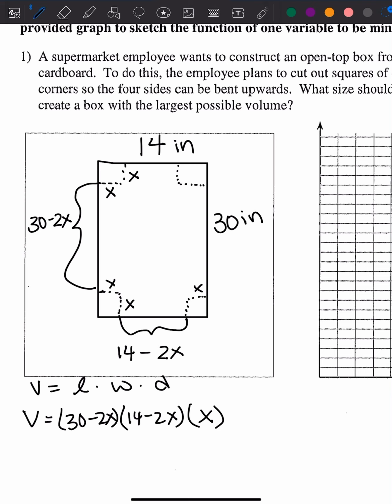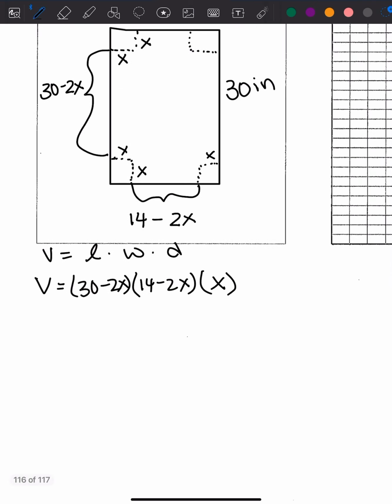Now we do everything we would normally do. So we're going to multiply all of this together. When I multiply this together, 30 minus 2x times 14 minus 2x times x is going to eventually get us 4x cubed minus 88x squared plus 420x.